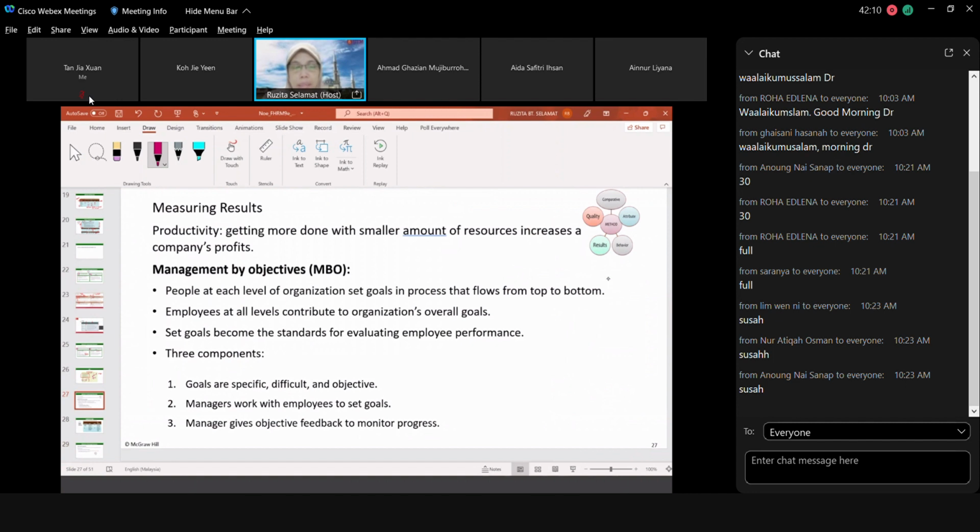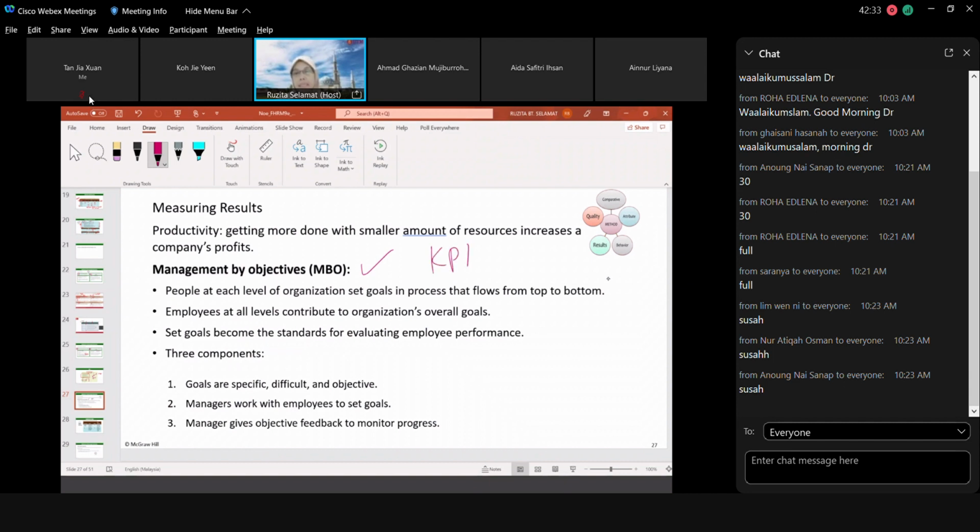So for measuring result, we have MBO, not the MBO cinema, management by objectives, right? So meaning this technique is used to give direction to people by letting them know what objective, what target, what KPI, right?